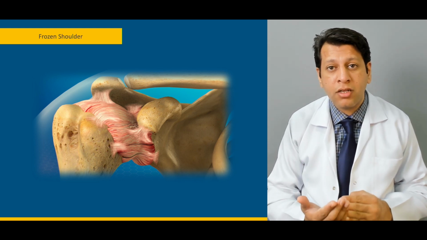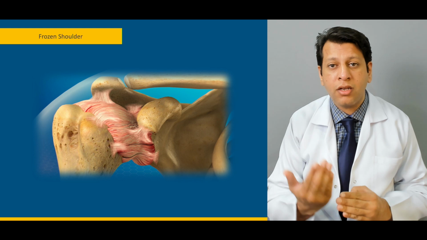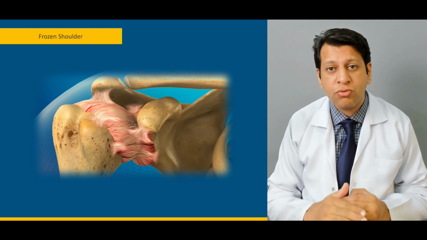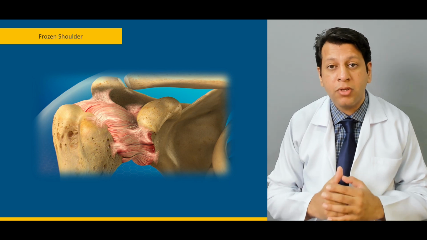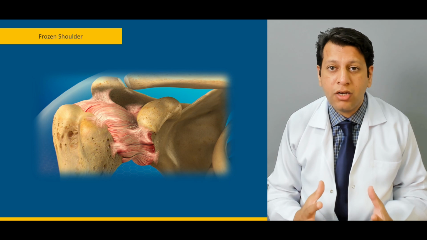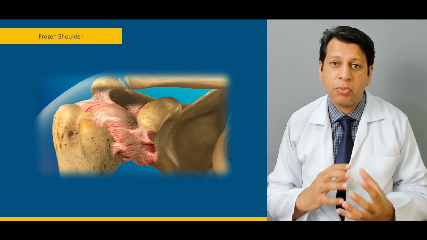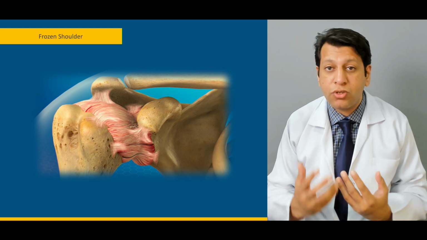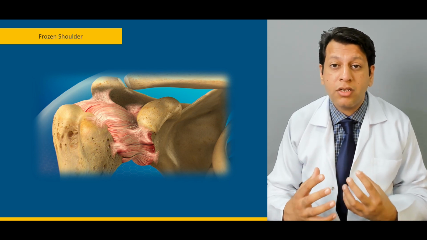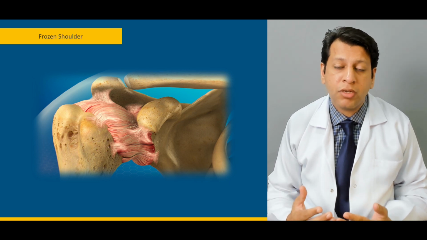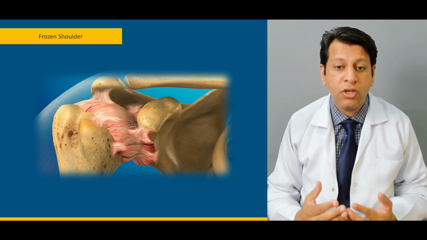Outside that, there's an associated capsule, which is also attached to the glenoid as well as the labrum. This capsule provides a kind of tight seal, so that despite the inherent instability and lot of movement over the shoulder joint, there is the least amount of dislocation and subluxation of the head of the humerus.